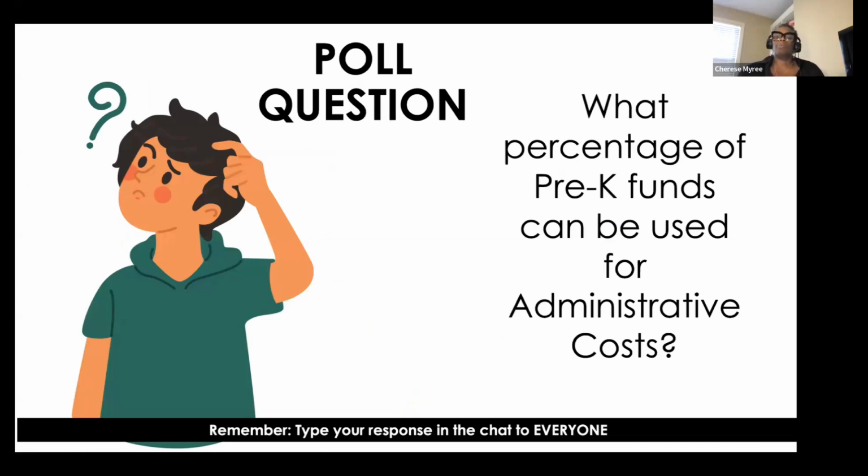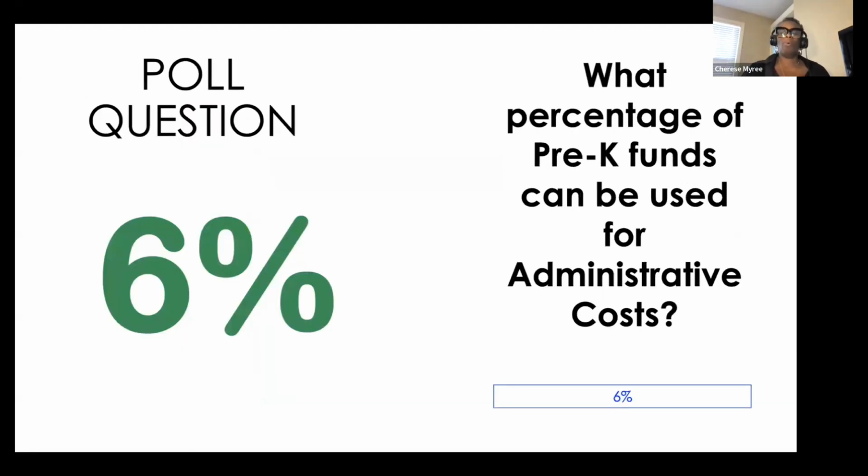Okay, what percentage of pre-K funds can be used for administrative costs? 6%. No more than 6% can be used for administrative costs, and that allocation and supporting documentation has to be maintained.